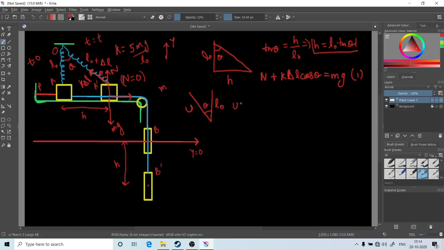Therefore, U cos theta equals L0, which gives us U equal to L0 sec theta, and we know that U is equal to L0 plus delta L, from which we get the value of delta L, that is L0 times sec theta minus 1.